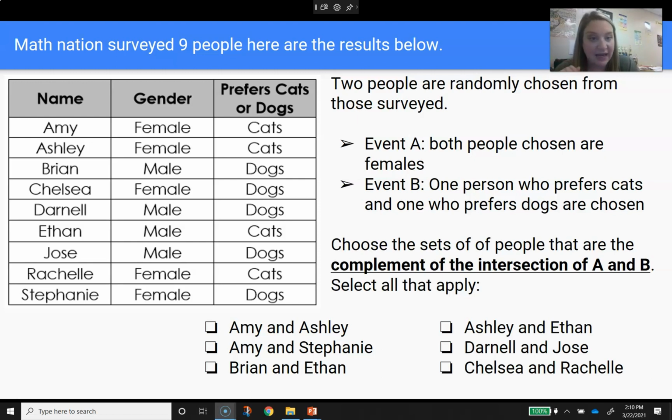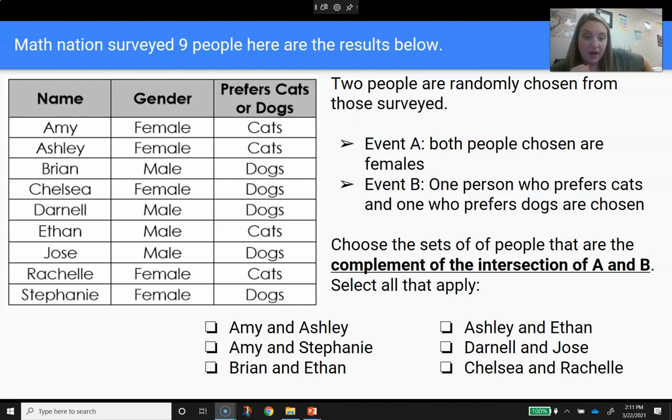So event A, both people chosen are female, or event B, 1 person who prefers cats and 1 person who prefers dogs are chosen. So they're saying when they pick the 2 people, what they're trying to compare is they are both female, or 1 prefers cats, one prefers dogs. That's the different subsets. All right.